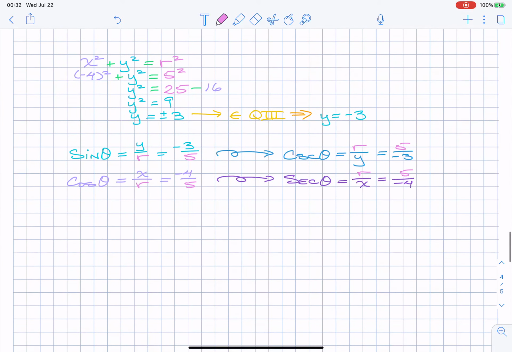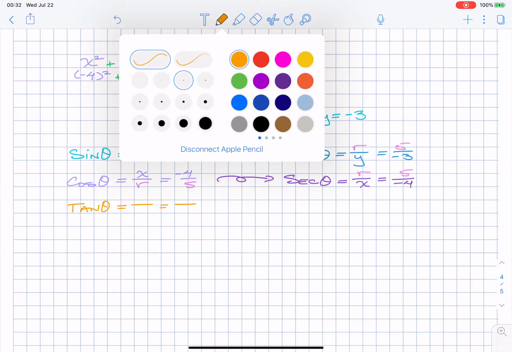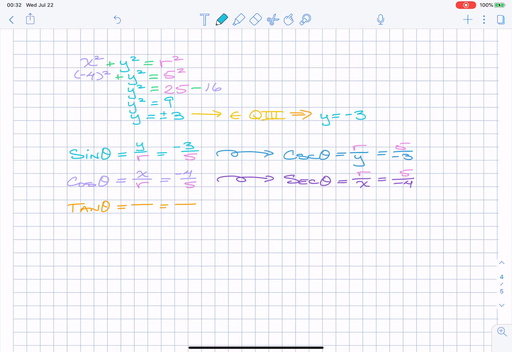Okay, good. So tangent of theta is just the quotient of the two above, namely y over x. So y over x is going to be -3 over -4, so that's just a positive 3 over 4. Two negatives make a positive.